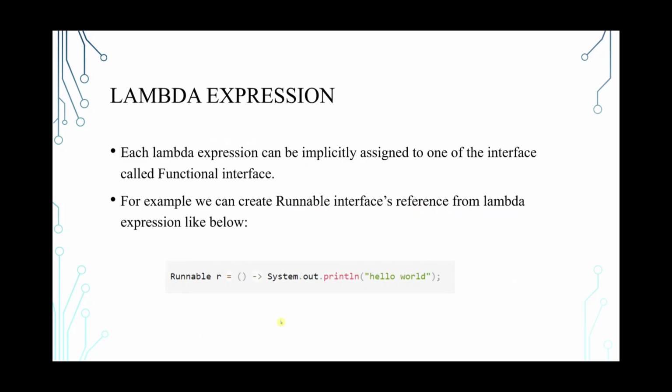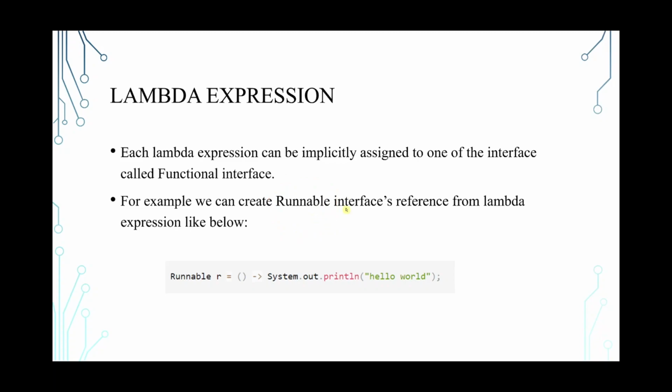Each lambda expression can be implicitly assigned to one of the interfaces called functional interfaces. We have a functional interface called Runnable, and this is needed if you want your code to be run in a thread.